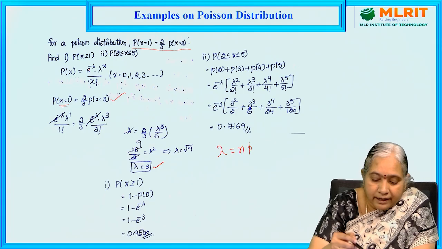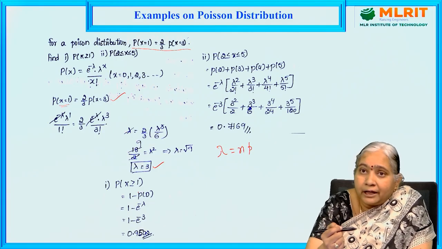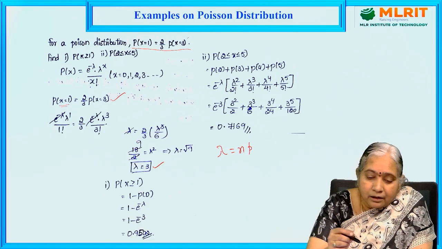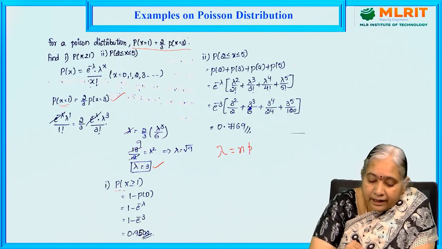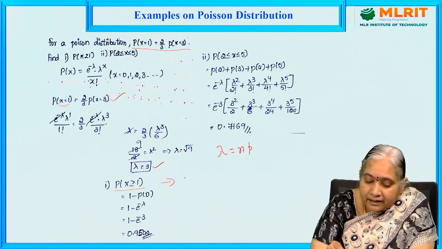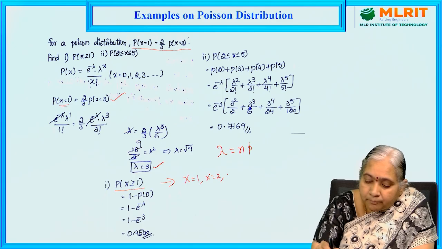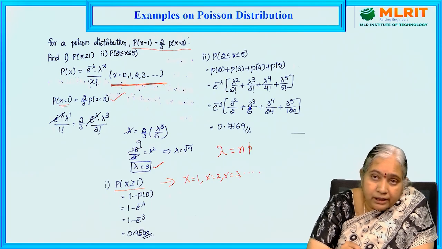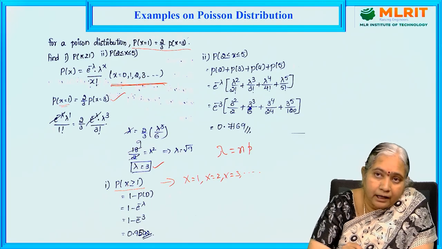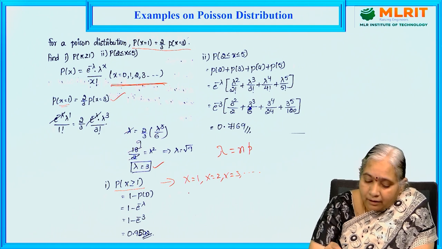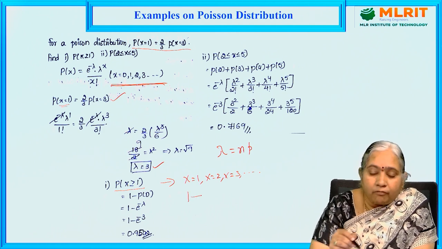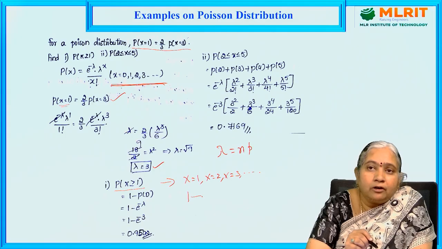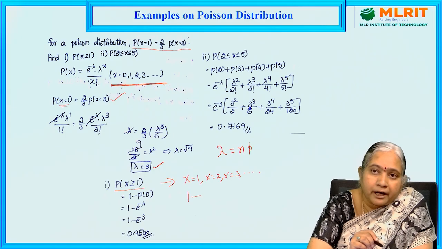Probability of x greater than or equal to 1. We don't know n value also. So here probability of x greater than or equal to 1 means x takes the values 1, 2, 3 and so on. So instead of finding this probability, we take again the total probability 1 minus whatever the value of x are missing, we subtract that probability.